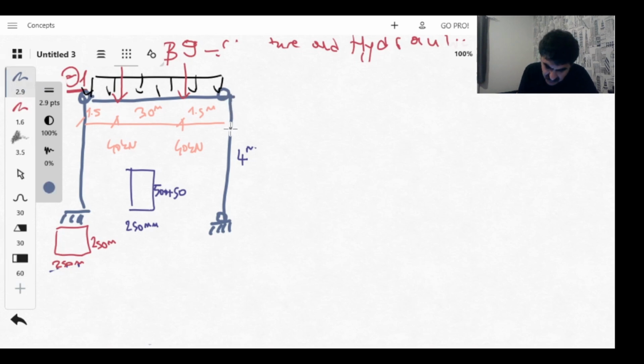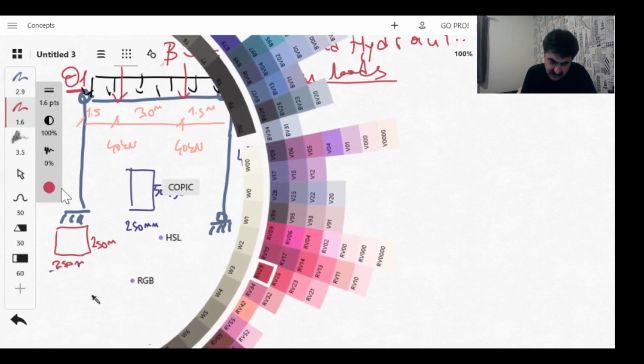So let me draw this again, and now I am going to, as I said, calculate design loads. For the design loads, we are going to use load factors. What are the load factors? For the live load, I am going to use 1.5. For the dead load, I am going to use 1.35.